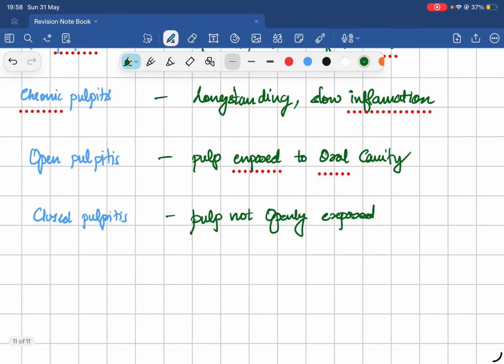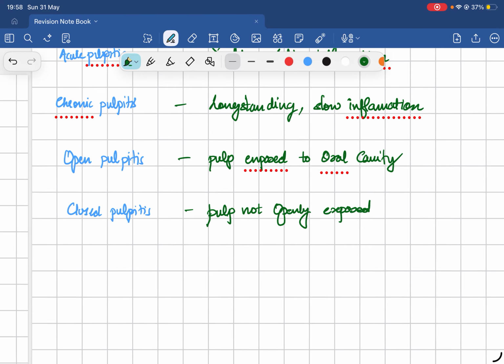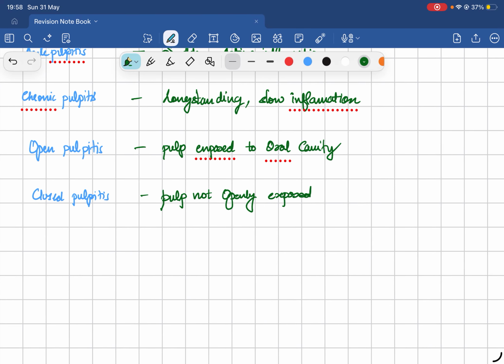Okay, so this means chronic closed pulpitis means long-term inflammation, but the pulp chamber is still relatively closed.